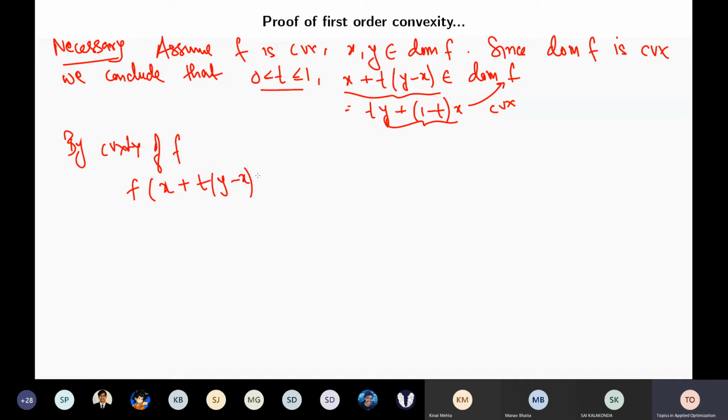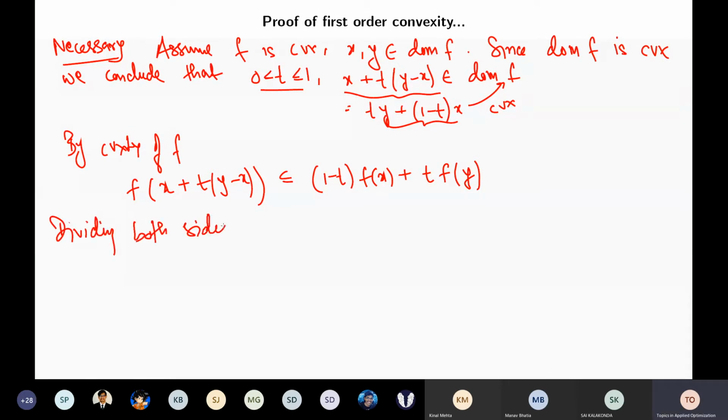So f(x plus t(y minus x)) is less than or equal to (1 minus t)f(x) plus t f(y), right? So this is the line joining f(x) and f(y), and this is the curve tracing the graph going between x and y. Okay, so if we divide both sides by t and rearrange, it's a simple thing.